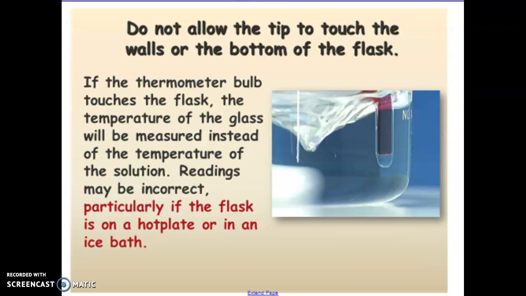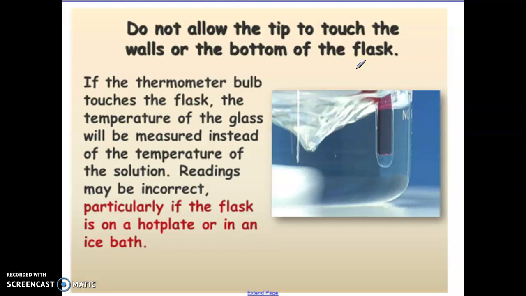So, a couple of other tips when you are using a thermometer. This is more if you are actually using this physically. Usually virtual labs will have this already done for you, which is kind of nice. So when you have a thermometer that is inside of a flask, it doesn't matter what it is. It could be a beaker, it could be an Erlenmeyer flask. It doesn't matter what the container is.